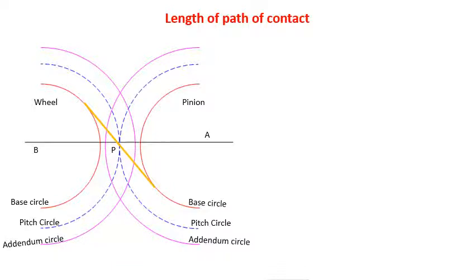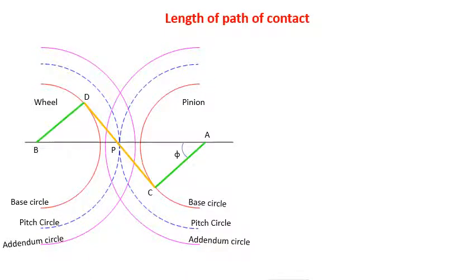Let us draw the common tangent CD, common tangent to the base circles. Okay, and this line is called the line of action. Now I am going to draw a line from the center of the pinion to the point C, where the beginning of engagement of the teeth takes place, common tangent, and this angle is nothing but phi.